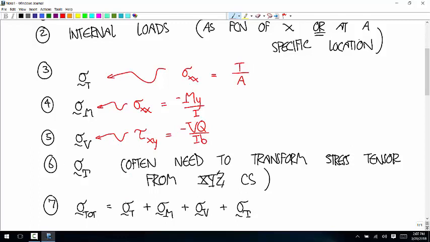And then for the torque, there's two ways you can go about it. In the capital coordinate system, if you have a circular cross section, this can be negative torque times rho over I sub p.